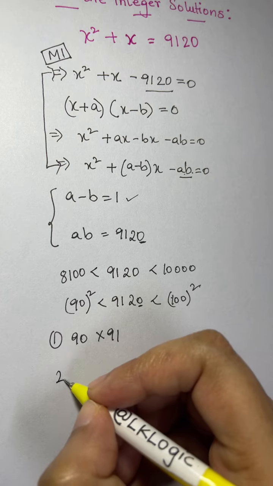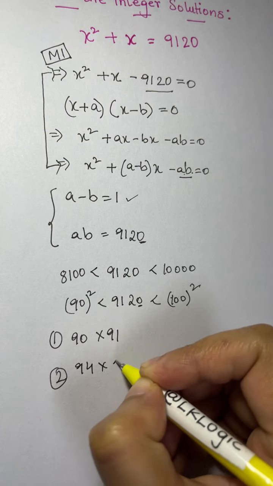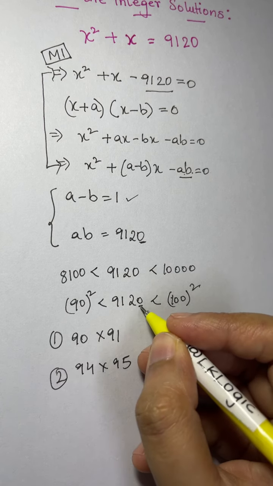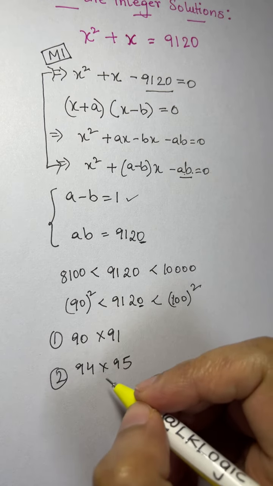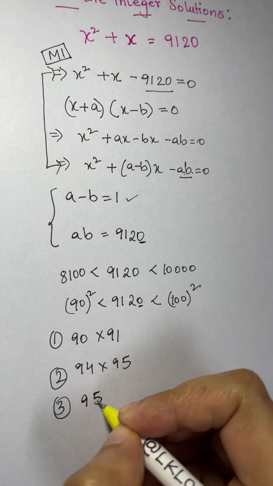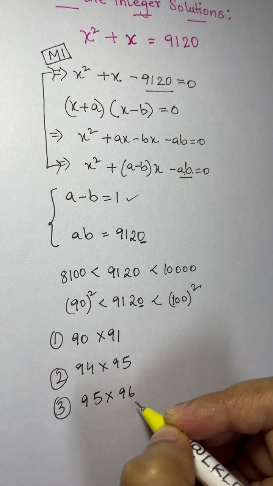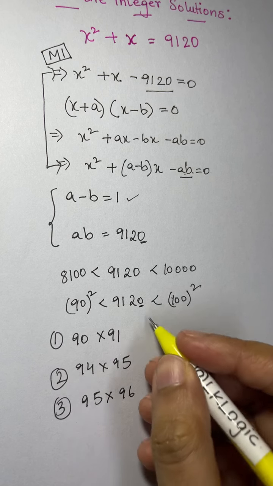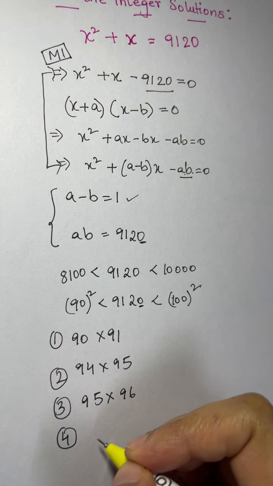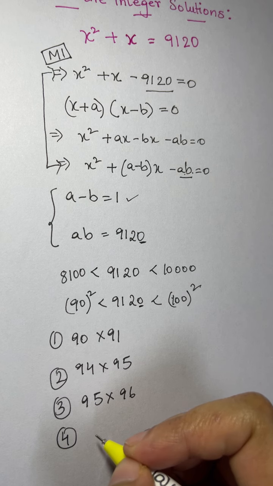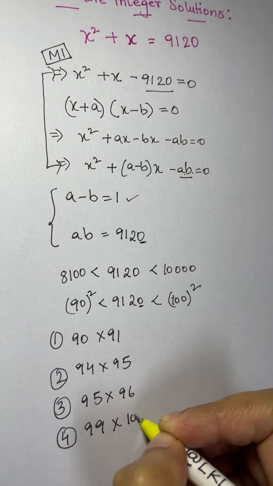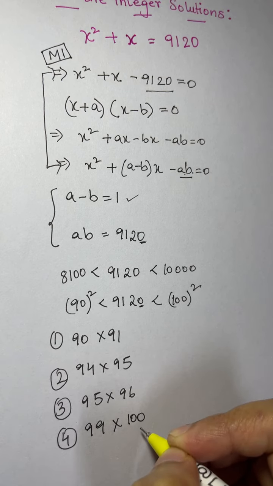But you can have 94 times 95, because 5 times 4 is 20, and 20 has a last digit of 0. Another option is 95 times 96, as 5 times 6 is 30, which has 0 as the last digit. You cannot have 96 times 97, nor 98 times 99. You can have 99 times 100, which gives 0 as the last digit.